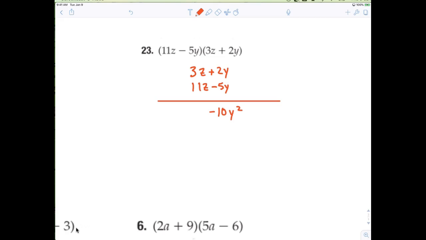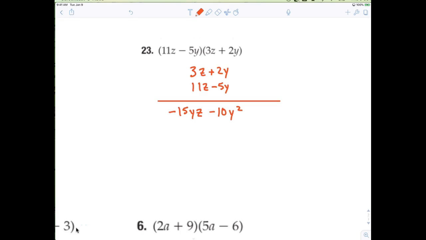Now, for whatever reason, does everybody see they wrote the z first? I just wish they wouldn't do that, but they did. So they're not writing it in standard form. Does it really matter? No, it doesn't matter. zy is the same as yz. Now, for me, personally, when I'm multiplying these together, I just put them in alphabetical order. That's just the way I am. So if I multiply, that becomes negative 15yz. Does everybody see that? If you put zy, do I care?